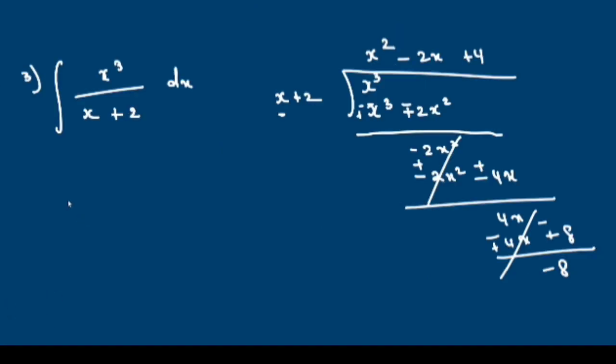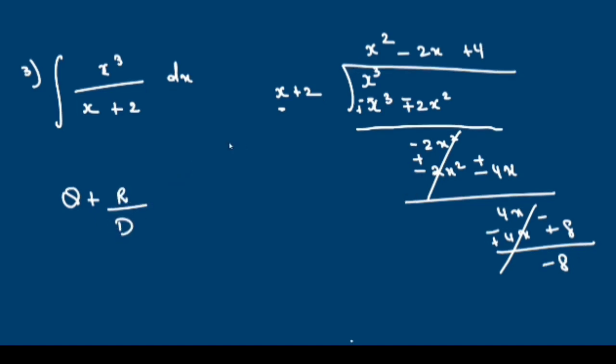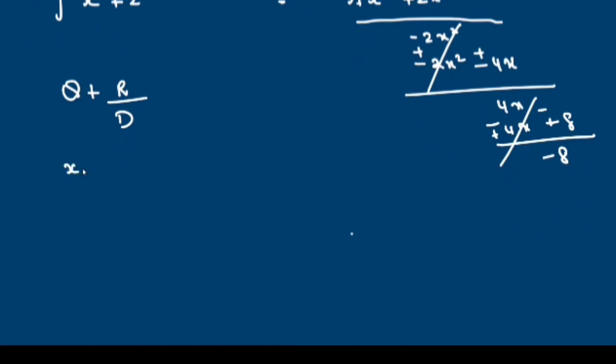So, how do you write now? You have to write the quotient plus the remainder by the divisor. So, what is the quotient here? X square minus 2x plus 4, plus what is the remainder? Minus 8 by x plus 2. Quotient plus remainder by the divisor.